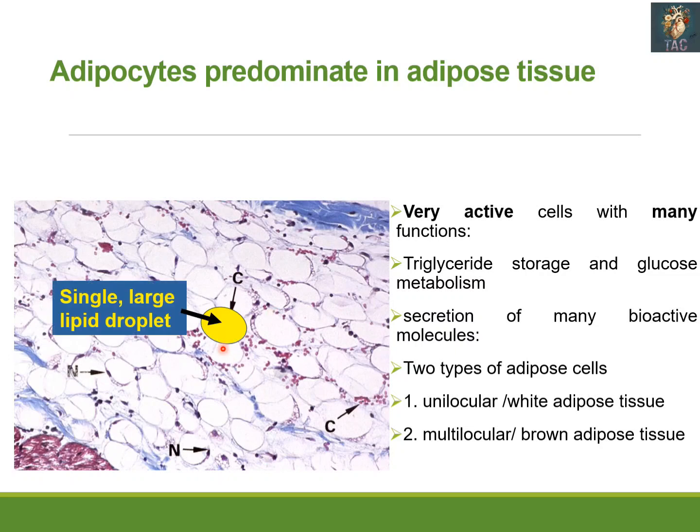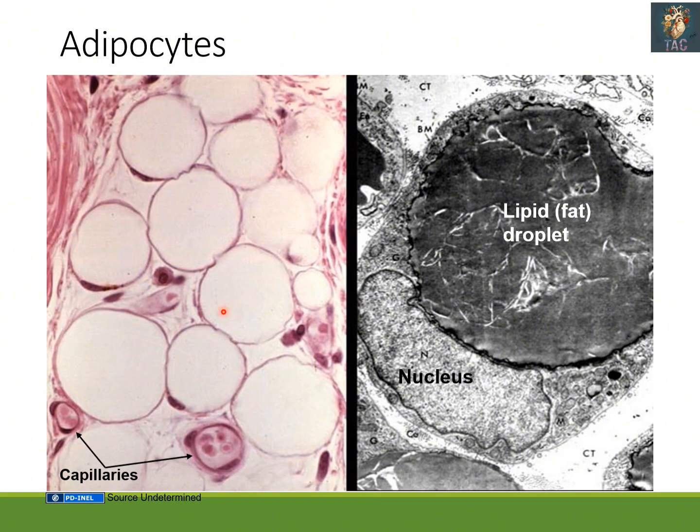Here you can see a large single droplet which is present over here. Then at higher magnification you can see the large unilocular adipocytes which are present in the white adipose tissue. This is the nucleus of the adipocyte which is pushed to one side, and this pink color is because of the cytoplasm which is pushed towards the periphery because of this large lipid droplet.